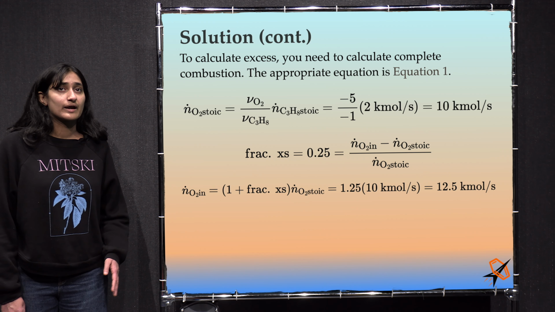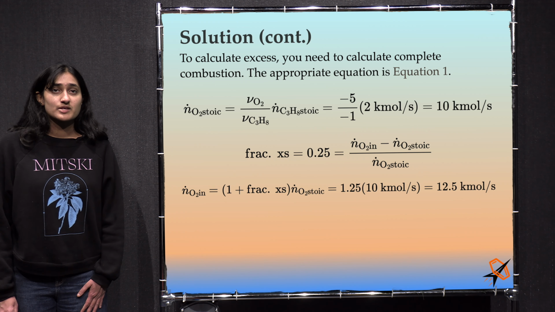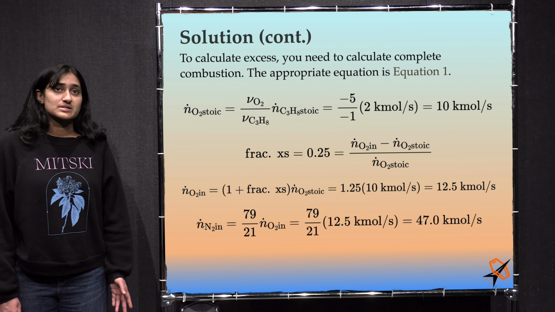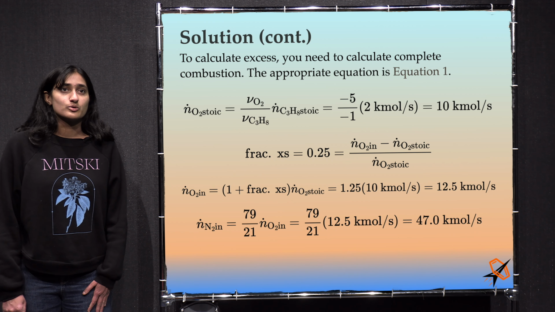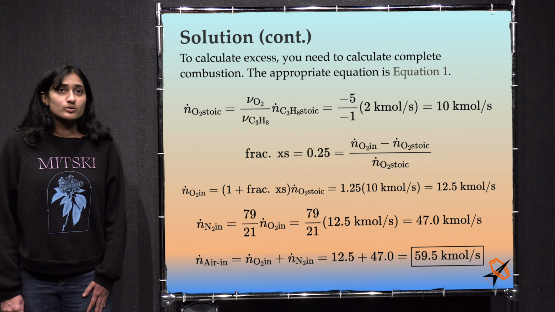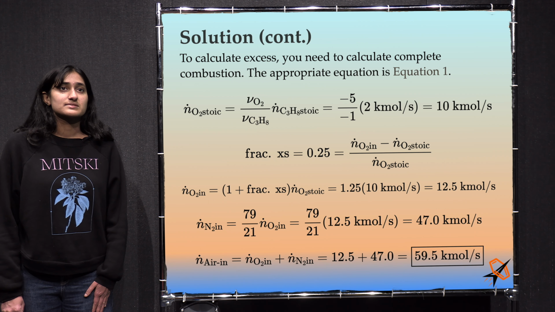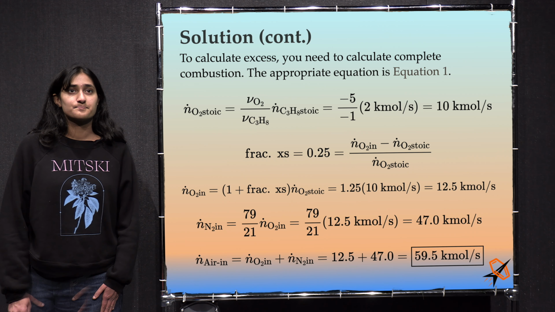To get the air, we also need the flow of nitrogen, and as we discussed before, the flow rate of nitrogen is 79/21 the flow rate of oxygen, so that gives us 47 kmols per second of nitrogen. The total airflow rate requested in part A is the sum of oxygen and nitrogen, which is 12.5 plus 47, or 59.5 kmols per second.